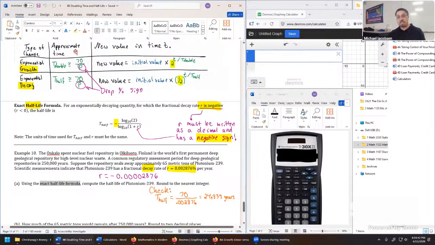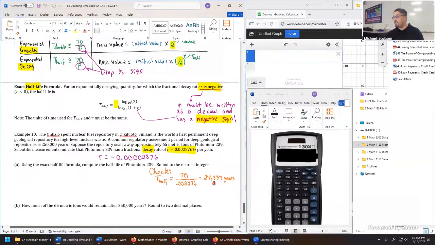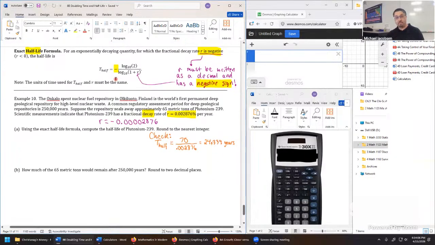If you do the approximate time, that's a pretty good check because our answer should be really close to that value. If the decay rate is 0.002876, then we take that, drop the percent symbol, take 70, divide by that number, and that should give us a decent half-life time. But now we want to do it exactly, so we're going to focus on this formula here.